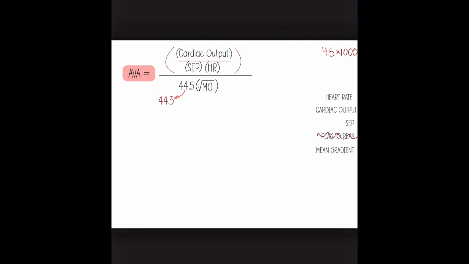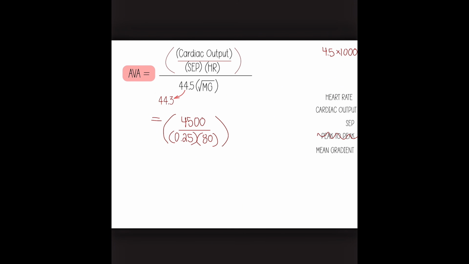Now when we're doing this, you see there's kind of multiple steps, right? There's parentheses within parentheses. So we're going to do the top portion first. We're going to take the cardiac output, and this is plug and play, which means you're going to plug in the numbers provided for each of the areas. So you want to make sure you've memorized this formula and you write it correctly, because that can make or break your answer. So 4,500 over SEP, make sure you're also trying to do this with me, times heart rate, which is 80.